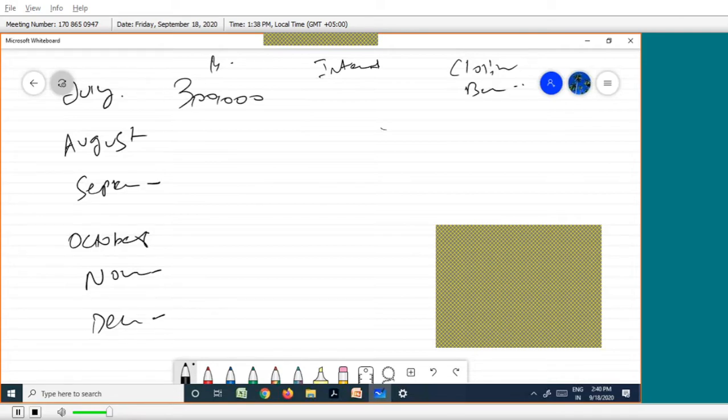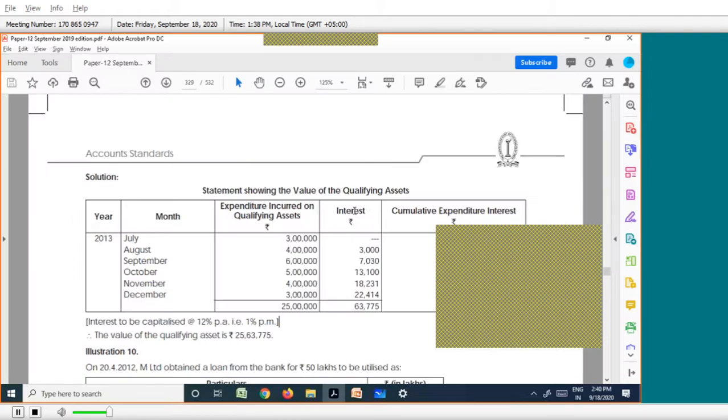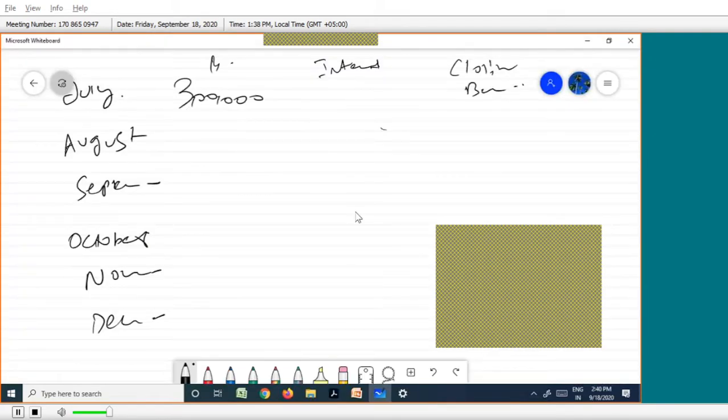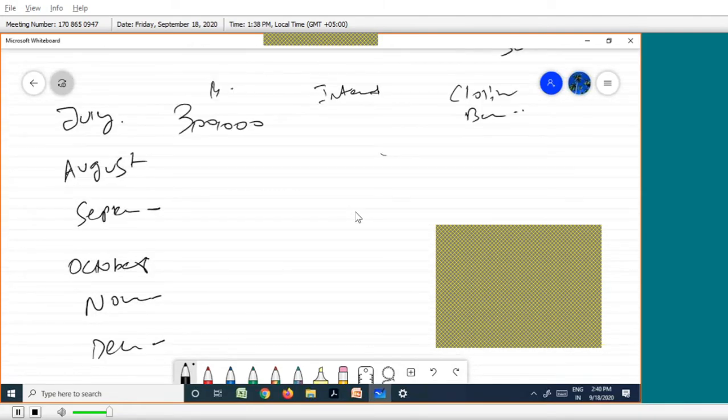What is the rate of interest as per the question? 12% per annum is the interest rate. July month means 1 month. So 3 lakh rupees I spent in July.